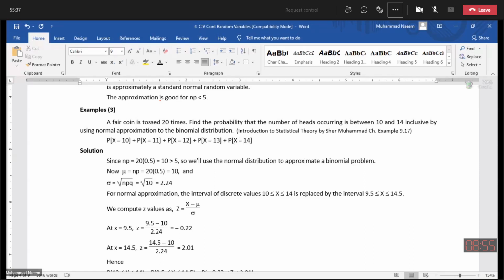So we will calculate this probability first for x equal to 10.